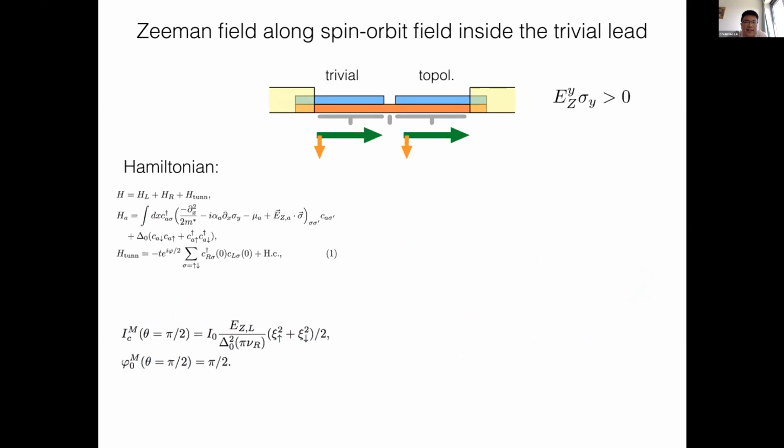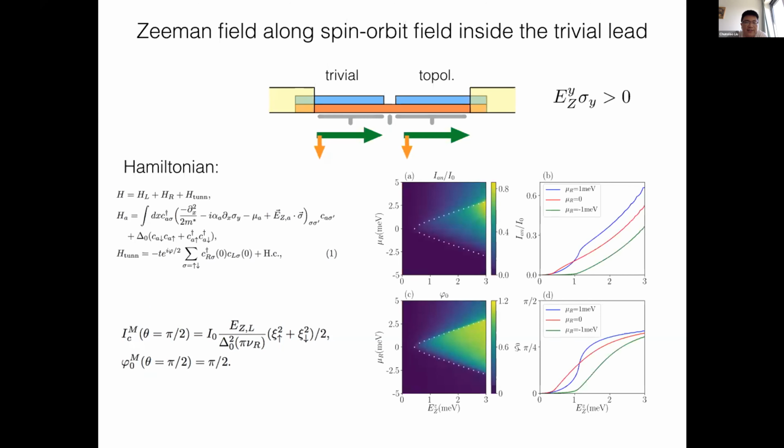What's interesting here is that it will break one subtle symmetry, the chiral symmetry in the semiconductor-superconductor nanowire, giving rise to an anomalous phase shift and anomalous supercurrent. That is, even if there's no phase difference between the two superconducting leads, there can be a supercurrent flowing between them.